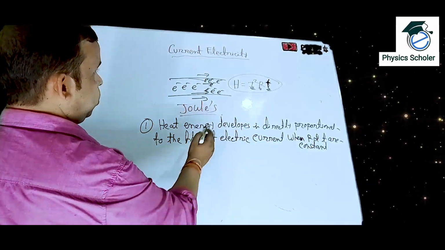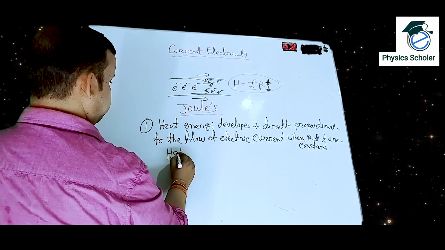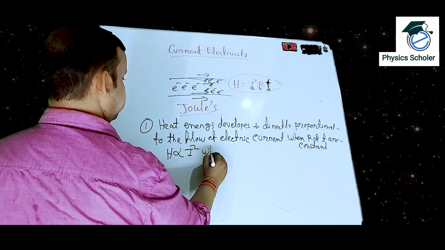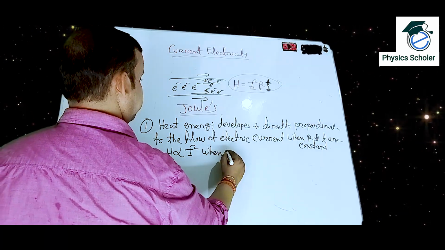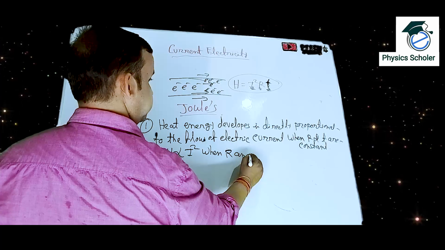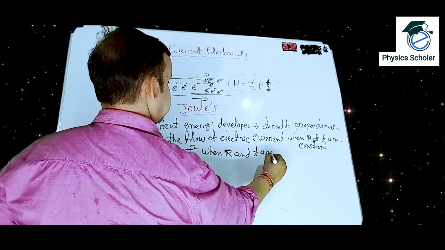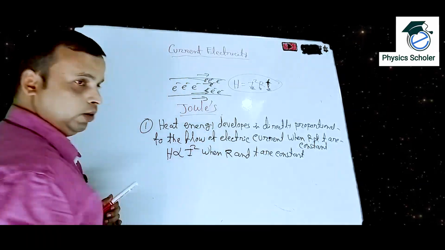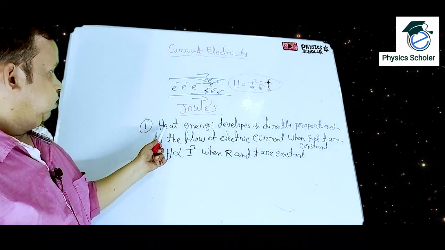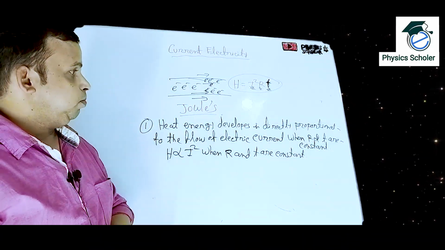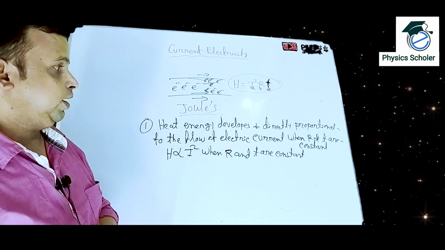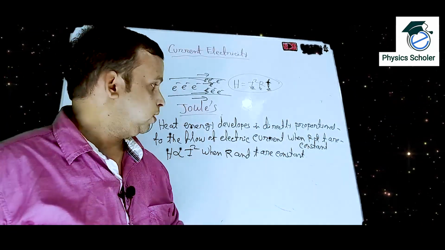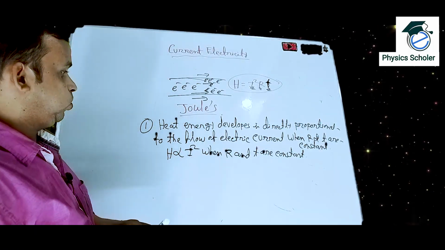That is the first law: H is proportional to I square when R and T are constant. Clear? So H varies as I square.